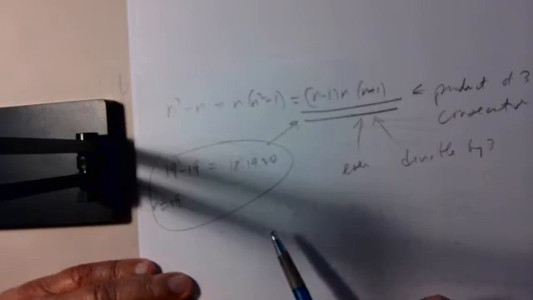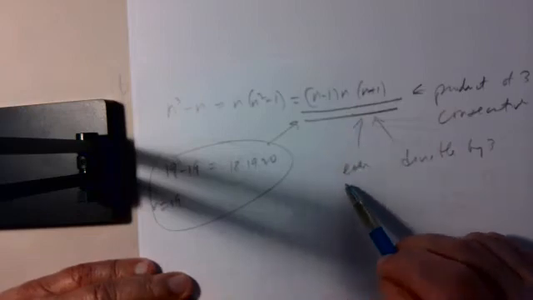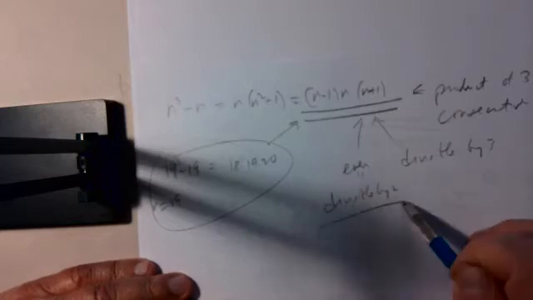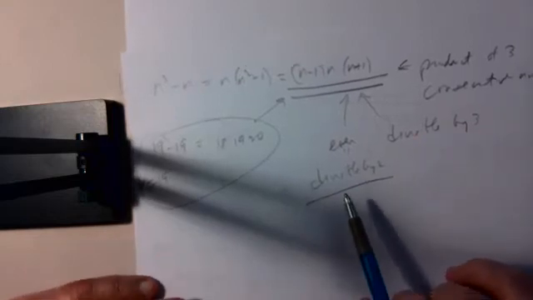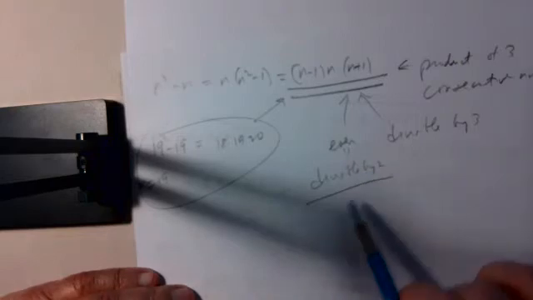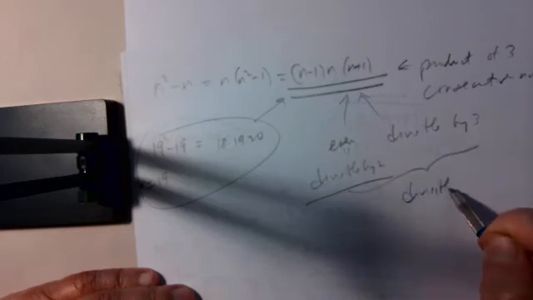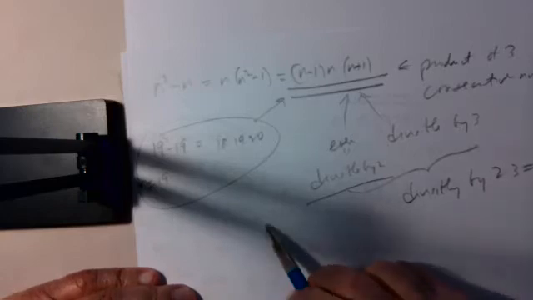So one of these numbers is divisible by 3, and one of them is divisible by 2. That's what even means. We haven't proved it yet. We'll prove it shortly, but if a number is divisible by 2 and by 3, it's divisible by their product. So if you put this together, we get divisible by 2 times 3, or 6.